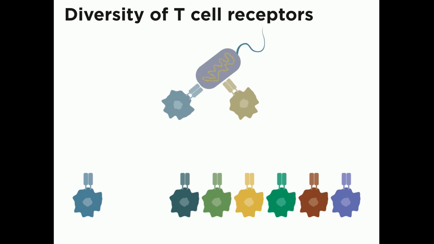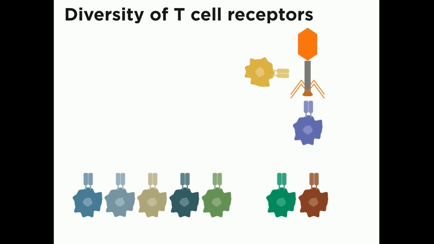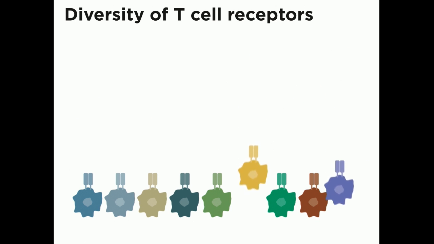Another bug comes along, we have other T cells that can respond to that, and finally another bug comes along, and we have other T cells that can respond to that as well. And so it's this amazing idea that the immune system creates unique T cell receptors, and then we have a whole bunch of them to be able to respond to almost anything that comes along.